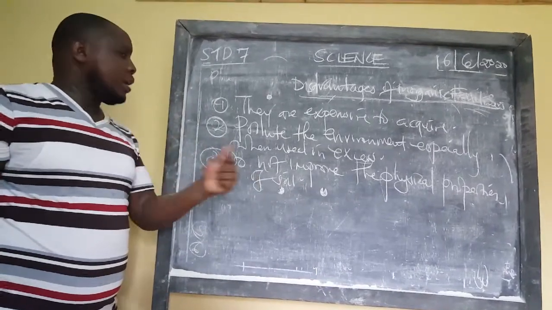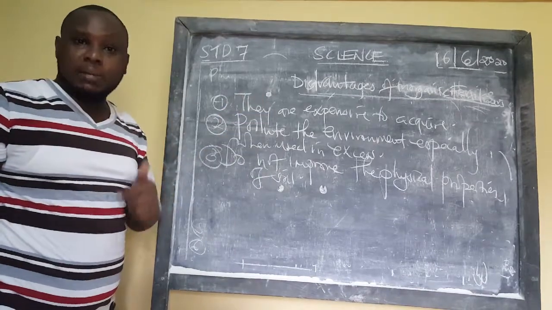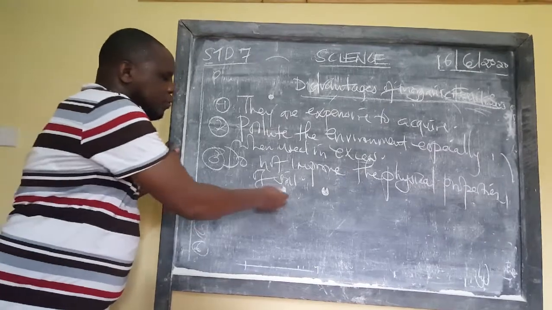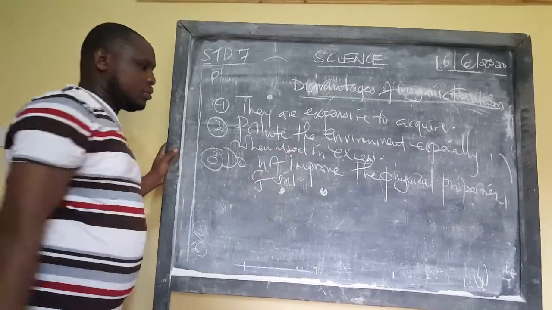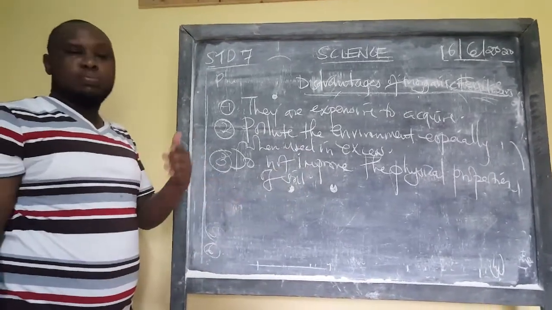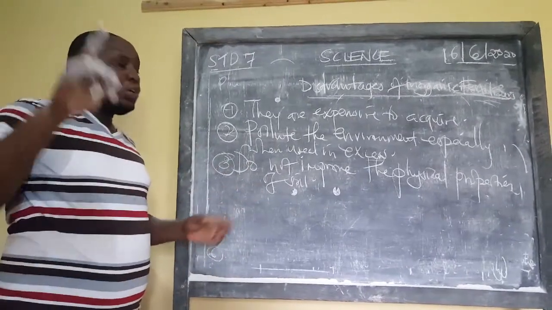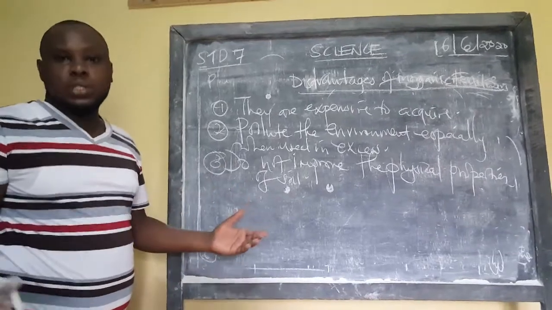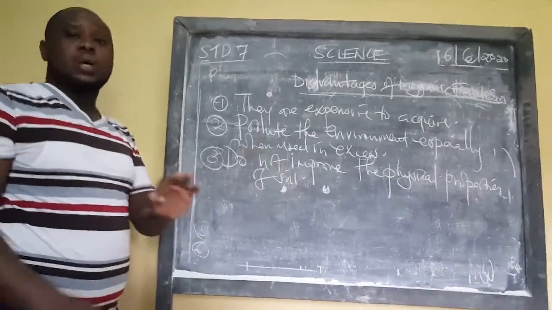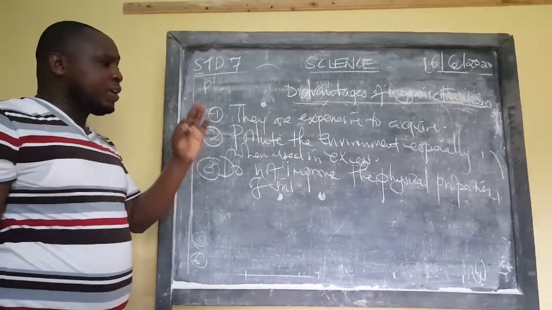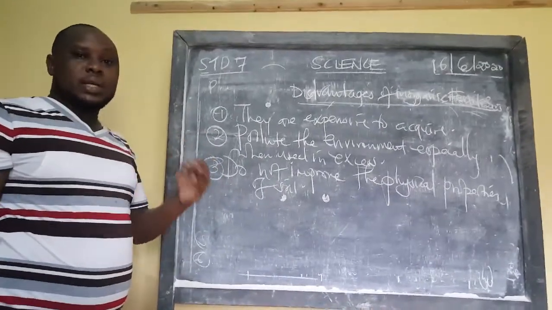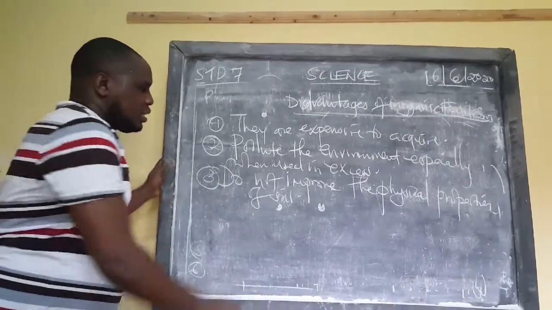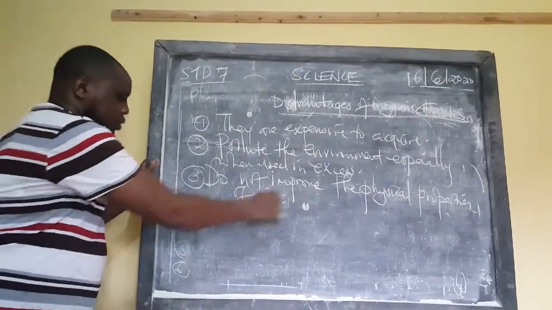If you continue using inorganic fertilizers for a long time in a certain soil, the soil becomes loose. Instead of improving, it degrades the soil and it becomes poor, such that if you don't use the fertilizer, you cannot grow anything on that soil. Instead of improving drainage, capillarity and water holding capacity, it ensures that the soil becomes loose.